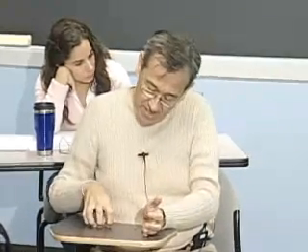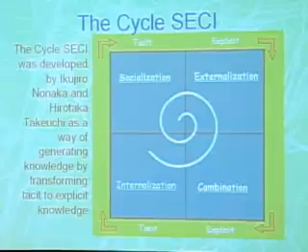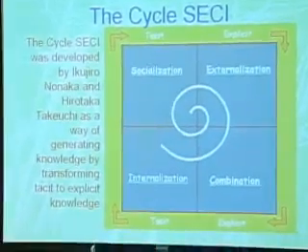Okay? The fourth component is internalization. It is after I receive the instructions, I go to the snowboard and I try to apply the instructions. At the moment that I transfer explicit knowledge into skills, I am internalizing the knowledge.